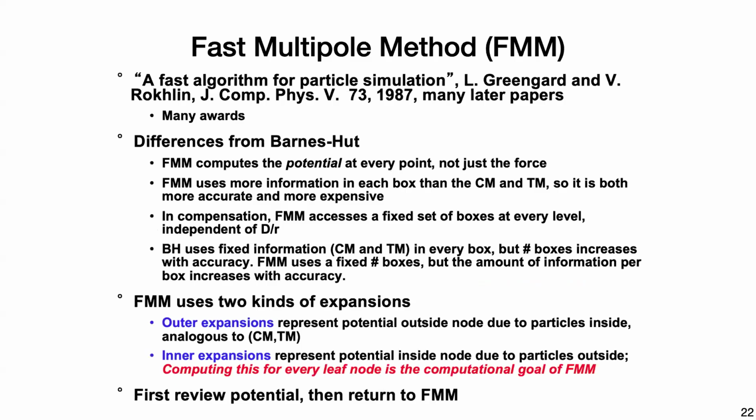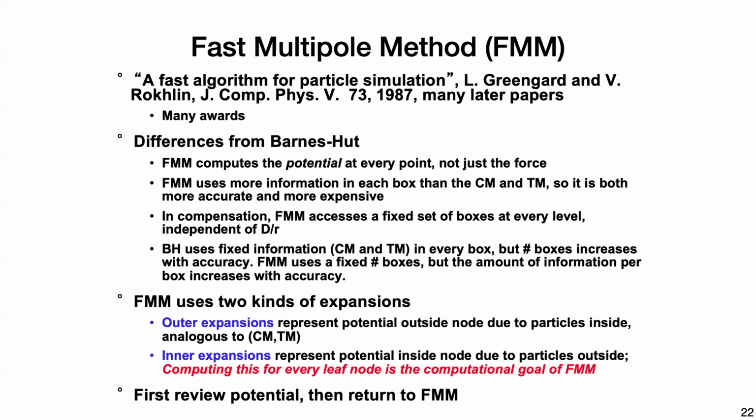This is one of the famous algorithms from HPC. The original paper was in '87, and since then it has won many awards. It has several main differences from Barnes-Hut simulation. The first is that in Barnes-Hut you directly compute the force approximation, whether through center of mass and total mass approximation or through direct computation with those close to you. In FMM, it computes the potential at every point rather than directly the force.